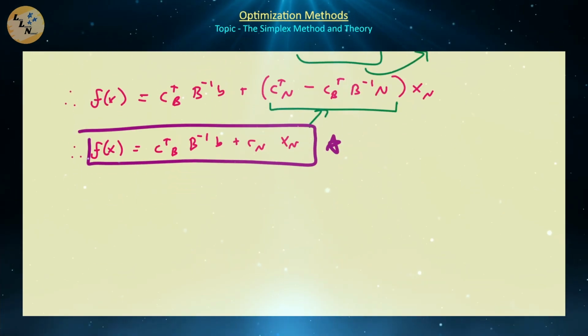Now, what does it mean if rN is greater than or equal to 0? How does that imply that our solution, for example xB star, is truly an optimal solution? So let's get into that piece.